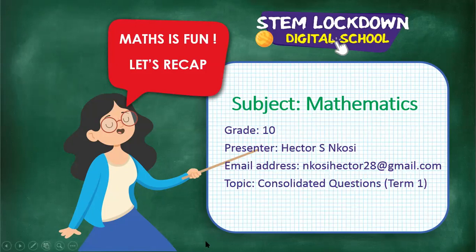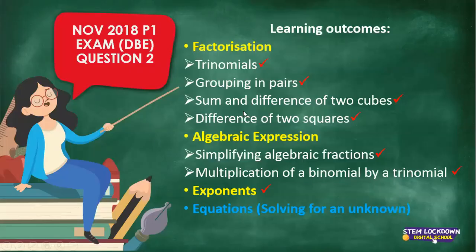So when we look at our learning outcome, we have covered the majority of the things here, right? We are still looking at the November 2018 Paper 1 exam, the Department of Education paper, but today we are looking at question 2. We have dealt with factorization. We have dealt with how to factorize a trinomial. We have looked at grouping in pairs. We did it several times yesterday.